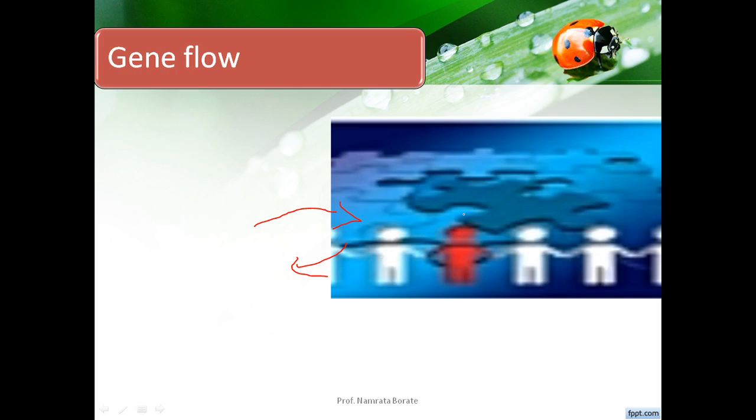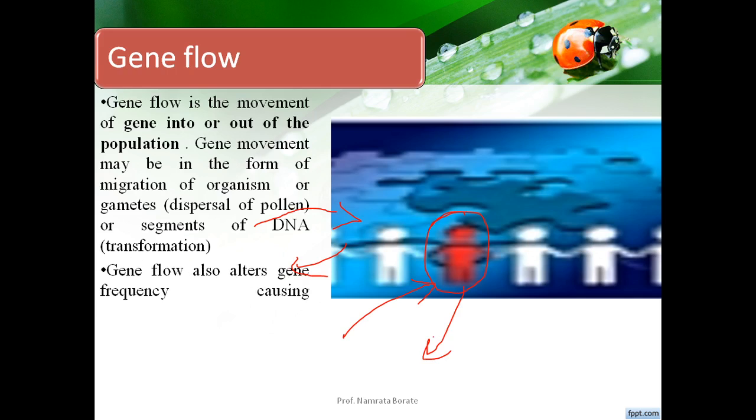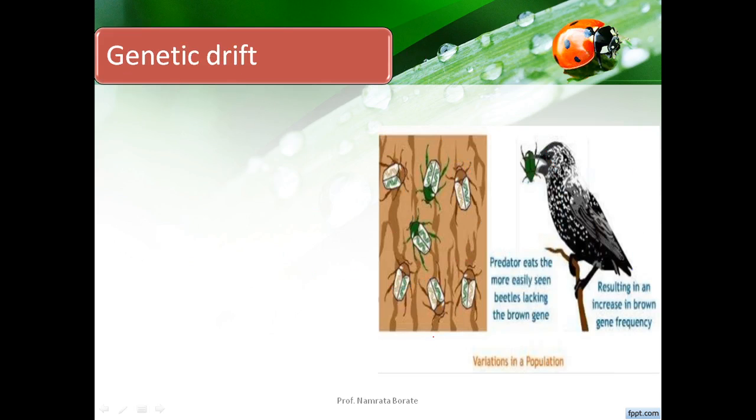Migration of organisms means the organism goes inside or comes out from the population, or it is a gamete, meaning dispersal of pollen grains, or segments of DNA, that is transformation. Gene flow also alters the gene frequency.